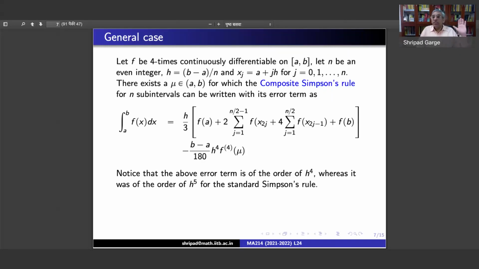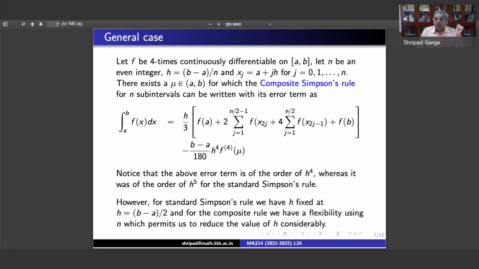But this is not something that you should really worry about, because the standard Simpson's rule will have a fixed h. It will just depend on the nodes that you have, whereas here we have a flexibility using n. We can have smaller and smaller intervals for the composite ones, and therefore h can be made smaller.